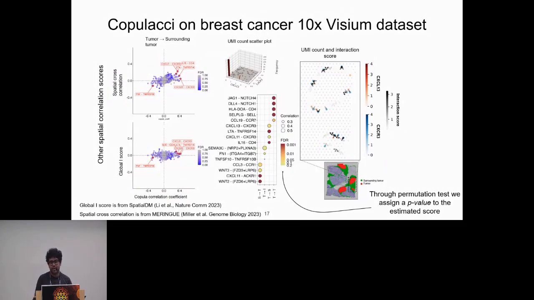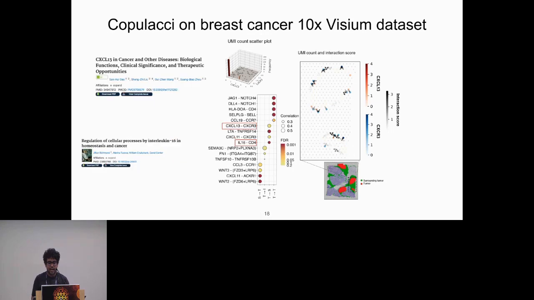So it's basically a bunch of spatial spots that could be randomized, and then one can build a background distribution and see where the estimated correlation coefficient from copula or such a method would be significantly high or not. The other thing is that since it's a probabilistic model, one can think about assigning a score to interactions between the nearby spots.